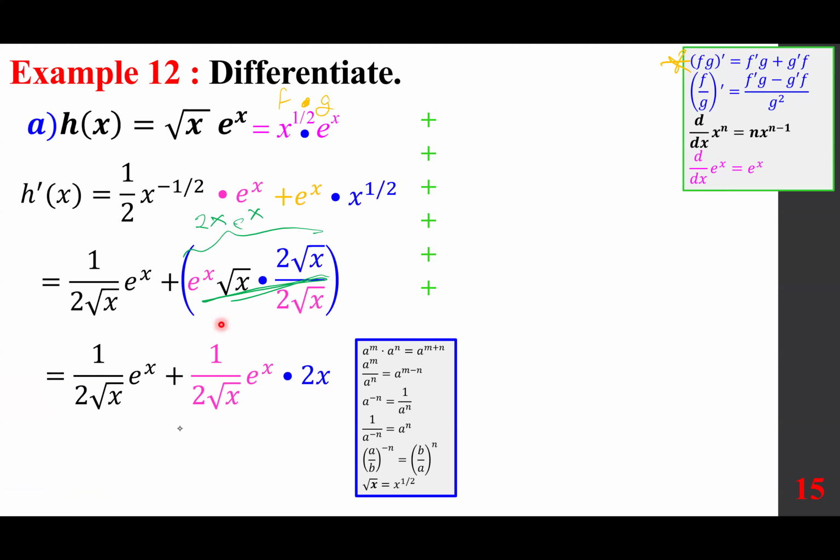These two are identical, everybody. And so I can take them out. If I take this out as a common factor, this results in 1, this results in 2x. And that's the final answer.